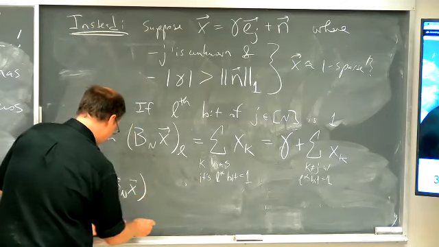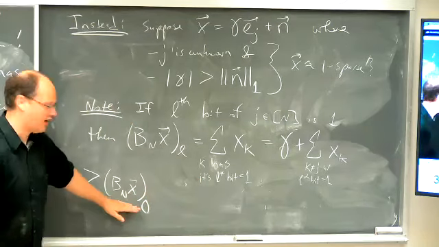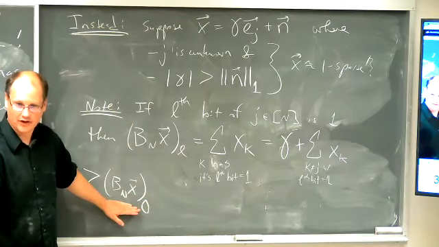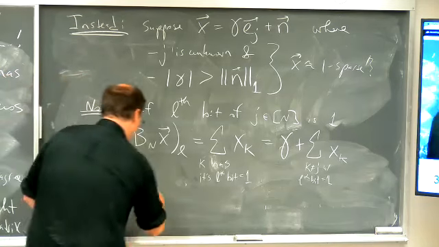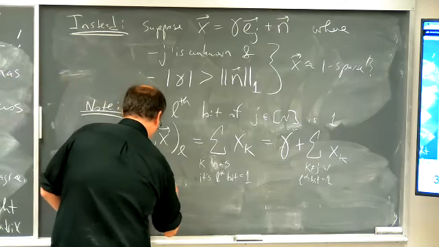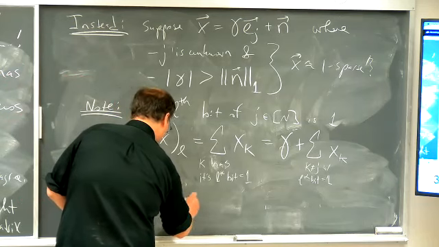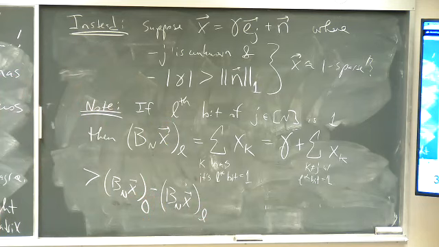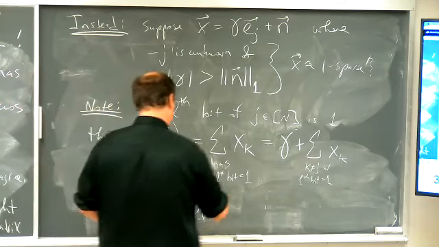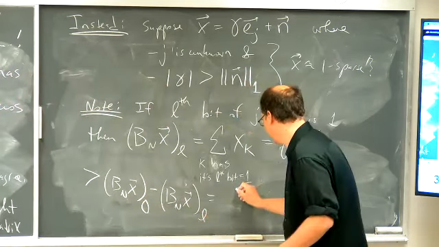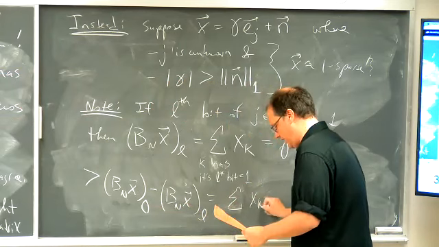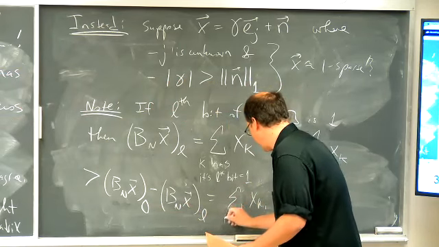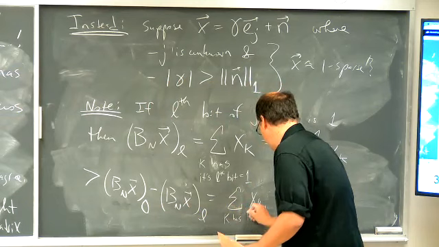So remember, this sums up all of X. So we put a row of 1s at the top, and then I'm going to subtract off the Lth entry of this guy, right? And this is going to be equal to the sum of all the x_k where k has Lth bit equal to 0.